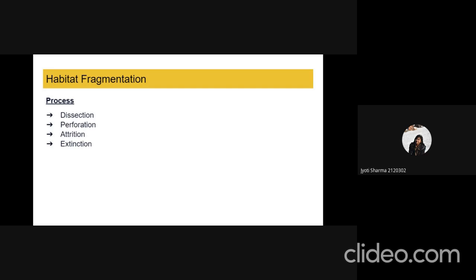But because of attrition, because of the building of schools and hospitals, this habitat or forest has been reduced in size. So this is the attrition. This is the process of fragmentation, and because of this fragmentation, if there is no habitat to live in, then obviously extinction will happen.